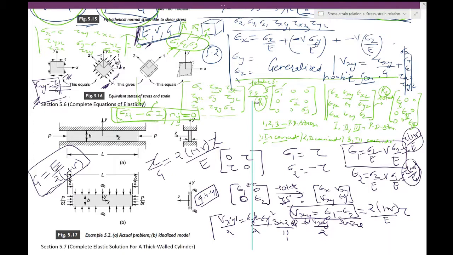Now you can call them E and nu, or you can call them nu and G, or you can call them E and G, or any other term which you might learn later in some other course. But you will only have two elastic constants for an isotropic solid.